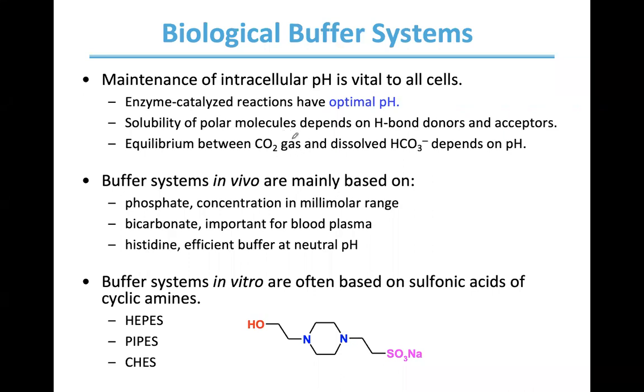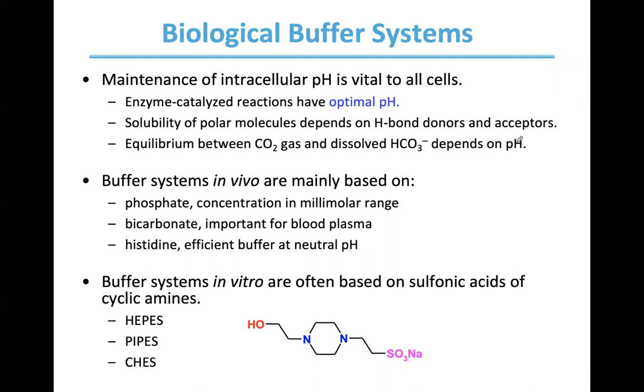So we inhale oxygen and we exhale carbon dioxide. Carbon dioxide in the blood is present as carbonate. When it gets into the lungs, it has to turn into carbon dioxide so we can exhale it. And that will depend on the pH, right?